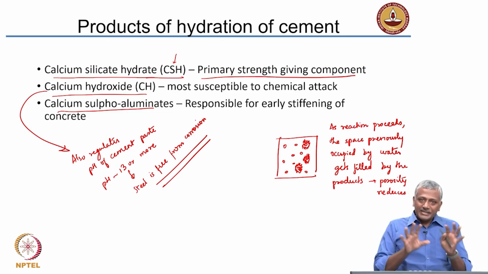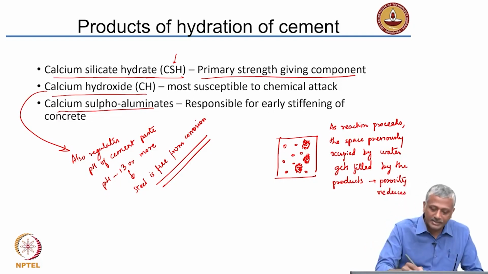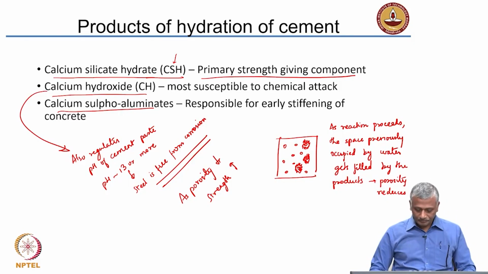Please remember, any solid product is going to occupy porosity or occupy the water-filled space and reduce the porosity. So as porosity reduces, the strength goes up. As porosity reduces, the strength goes up.